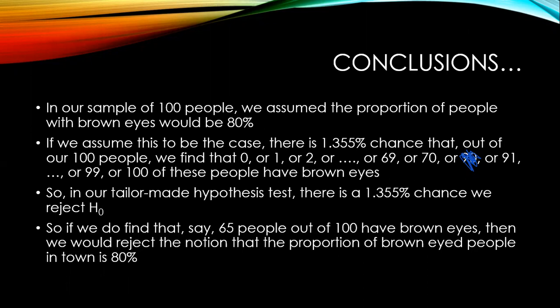Because 65 is in our critical region of values. Anything between 1 and 70 is in the critical region. So we reject the notion that the proportion of brown-eyed people in the town is 80%, because we've got a number far away from the number we thought, because it's in our critical region.